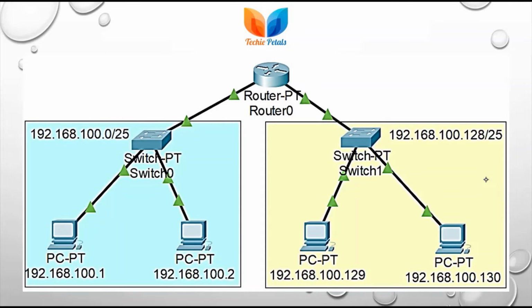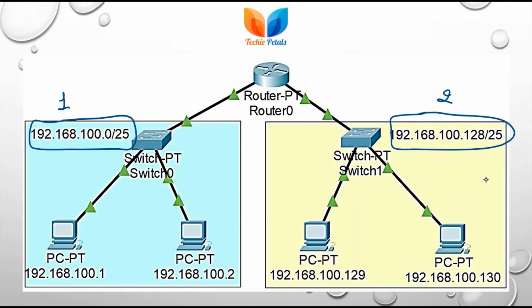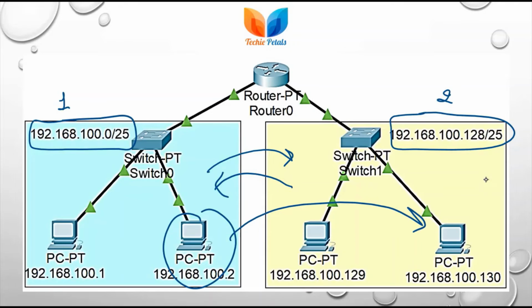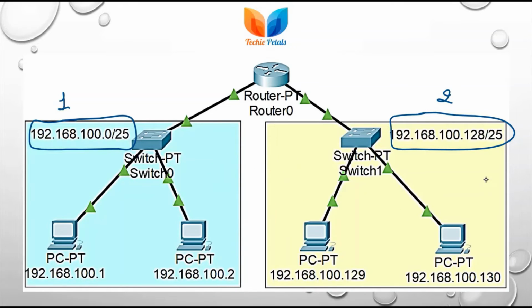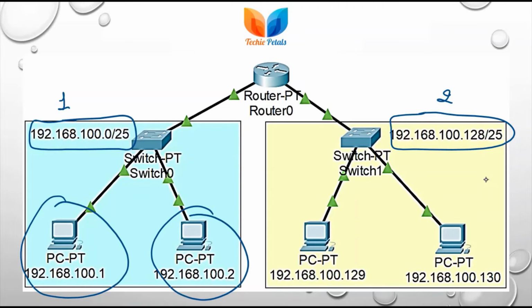Here we are categorizing the network into 2 subnets that we have already covered. This is our first subnet, subnet 1, and this is our second subnet, subnet 2. Now, to make communication possible from this node to any other node in the other network, all the hosts must be assigned sequential IP addresses in a subnet.